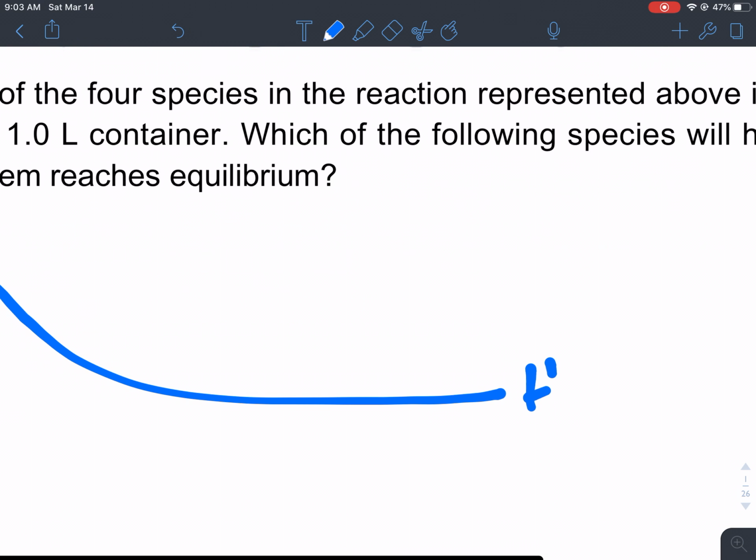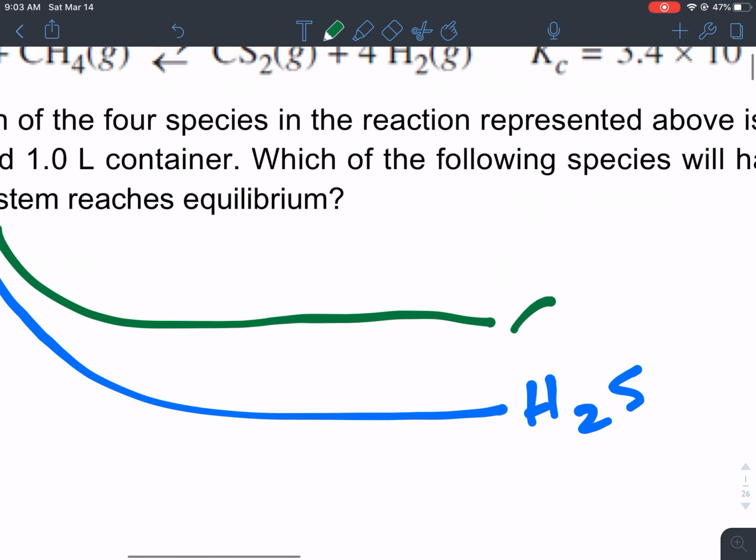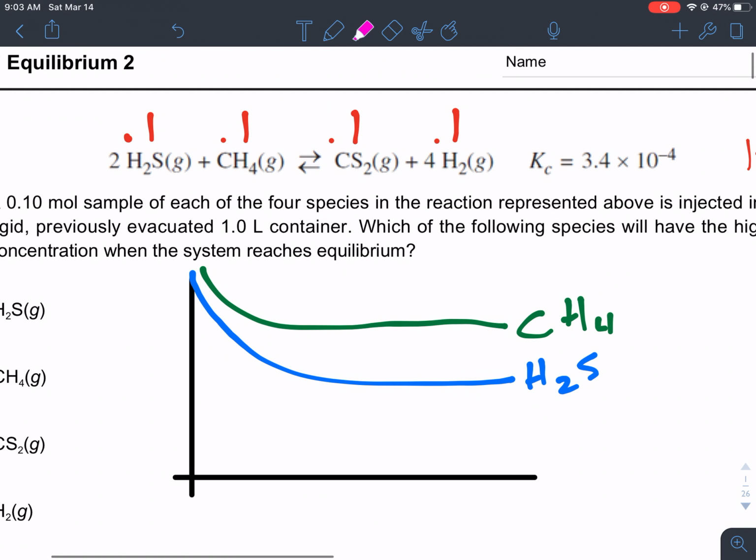This is your H2S. And then you have your CH4, and it's not going to come down as hard. The reason why is, if you're paying attention, the CH4 here has a 1 coefficient. This has a 2 coefficient. So that means H2S will decrease faster than CH4 here.